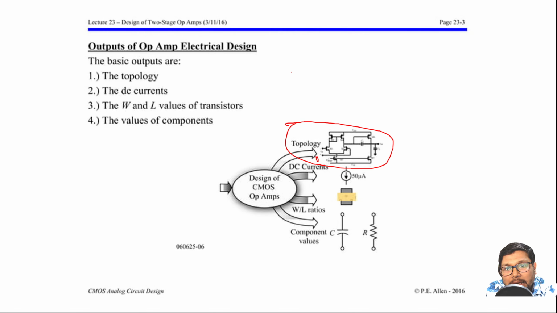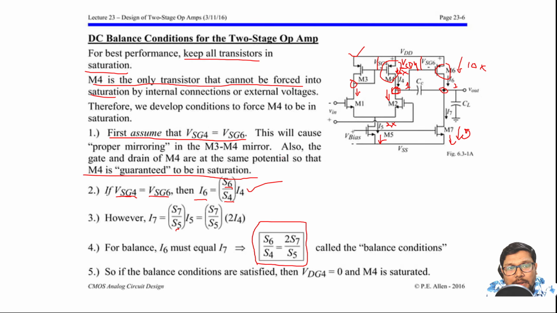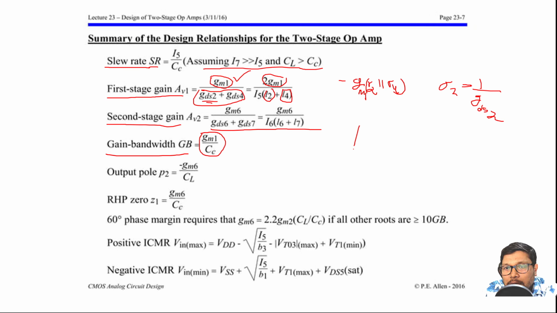So from that, if this is the gain and this is your bandwidth, and this gain into this pole, if you multiply, you will get GM1 by CC. Because the output resistance of the first stage will be that.